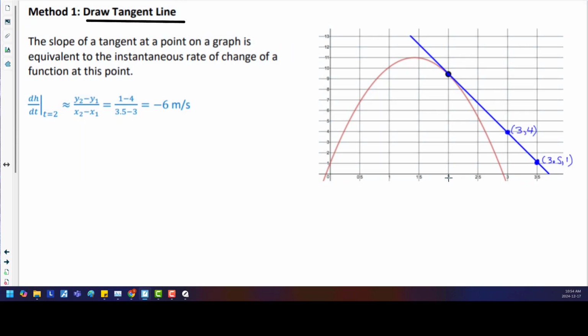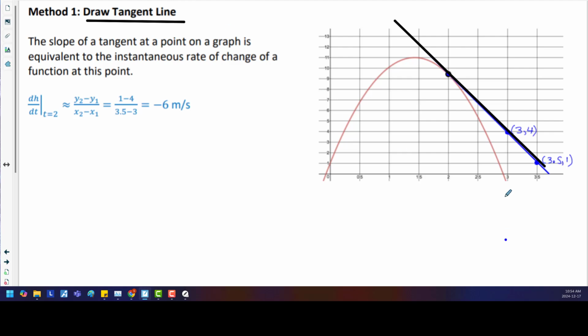So you find t equals 2 seconds right over here, and then you draw a line that's touching that graph at exactly that point, and then you're just extending it. And when you do that, you can pick 2 points, and clearly I'm off by a bit. So there you go, something like that.